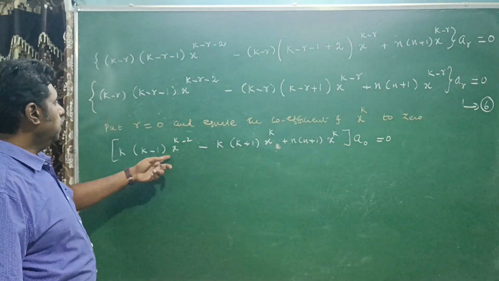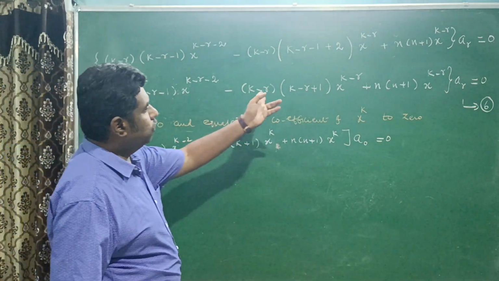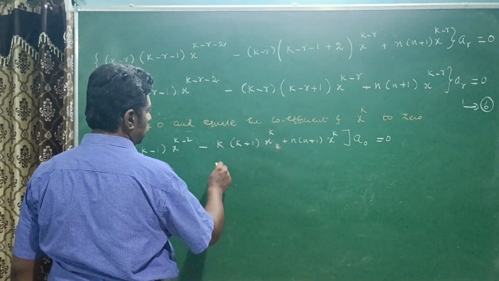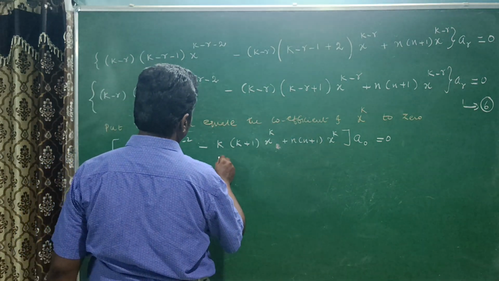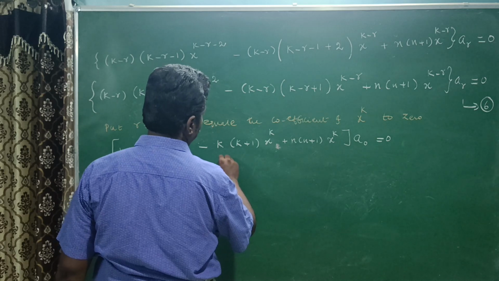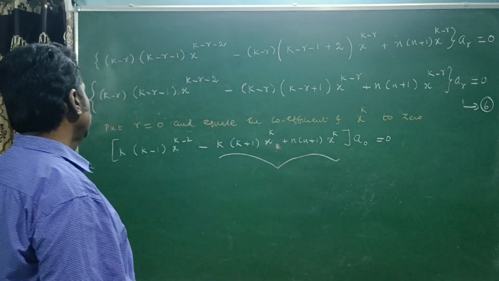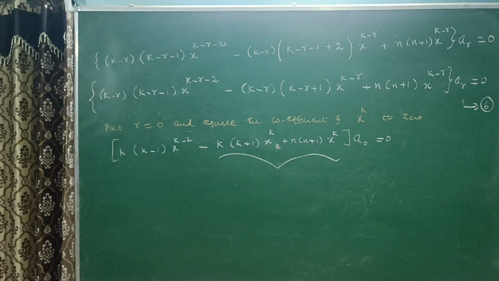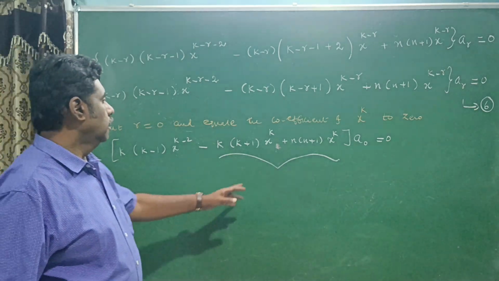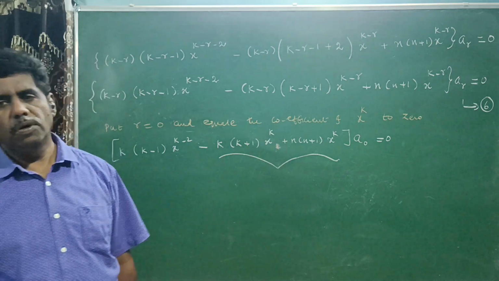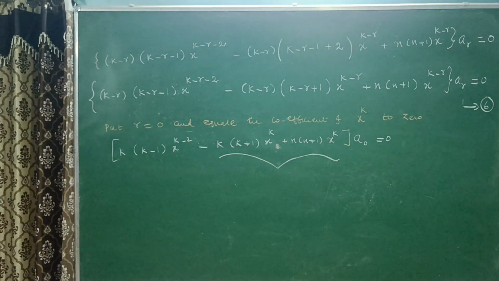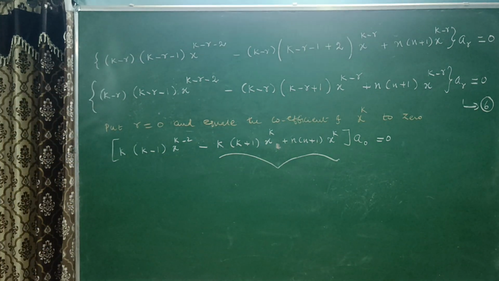In this equation, we have to equate the coefficient of x power k to 0. This is the term which has the coefficient of x power k. This coefficient should equal 0.